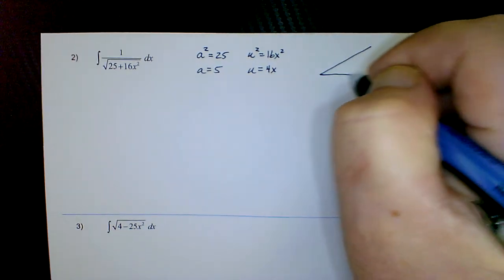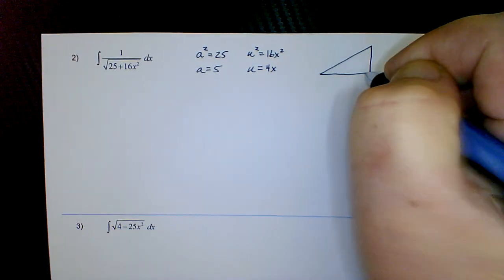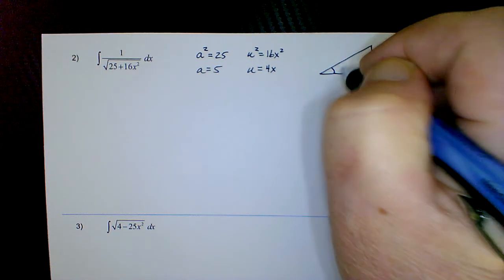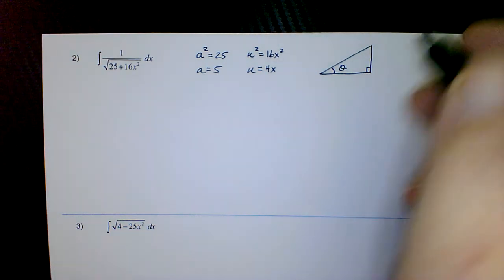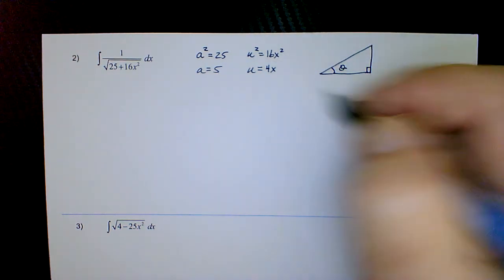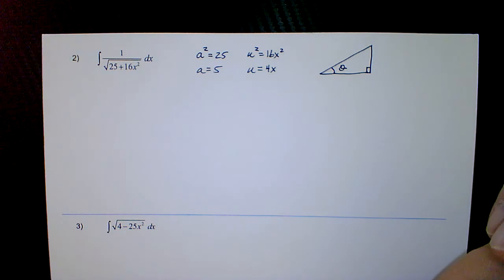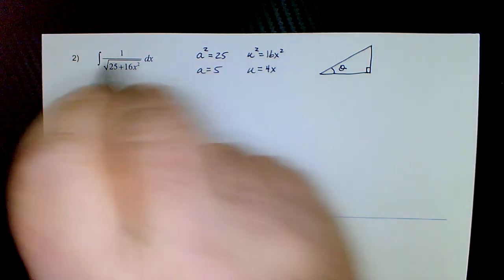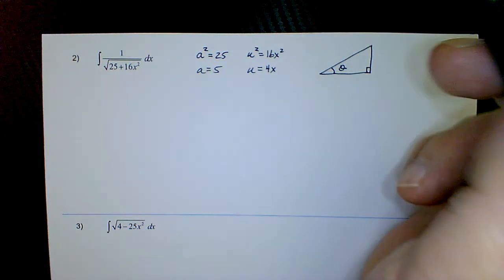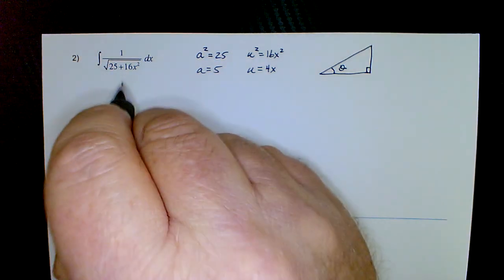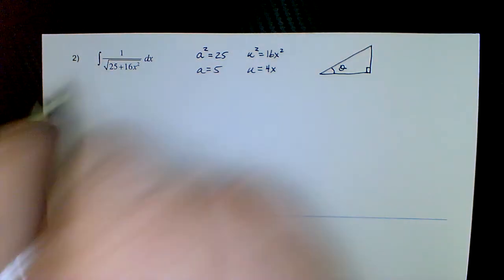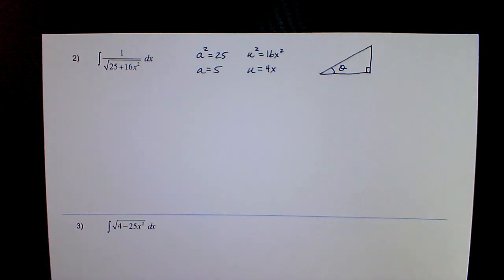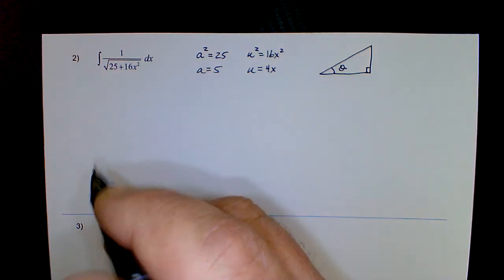We immediately go to a right triangle and we claim our reference angle theta. The next thing is crucial. We have to make sure that we label the triangle correctly. There are 3 parts to the triangle: u, a, and the radical part. The question I always like to ask first is, does the radical part represent the hypotenuse or one of the legs?